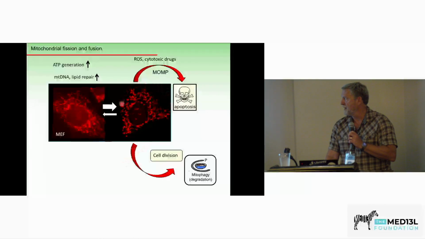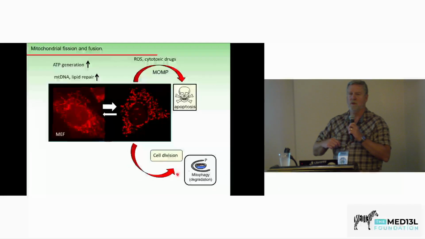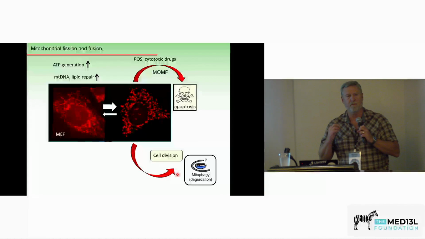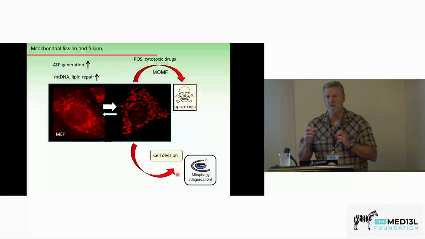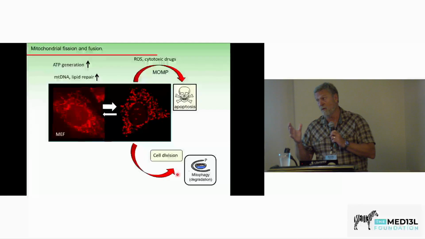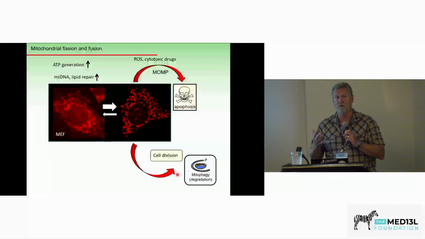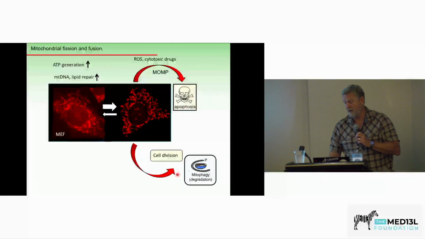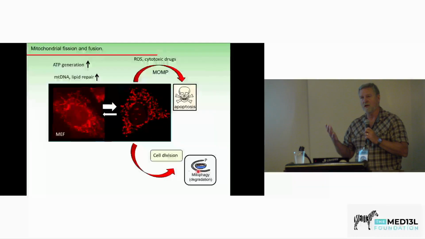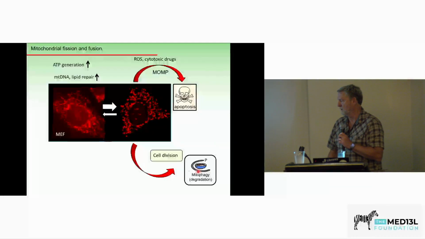The second time mitochondria will fragment is under a process called mitophagy, which is a quality control mechanism that mitochondria have. When you get damaged mitochondria, they start leaking this ROS, this reactive oxygen, and that's detrimental to the cell. Mitophagy is a way of identifying those damaged mitochondria and degrading them through autophagy.